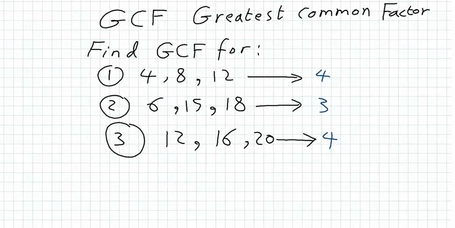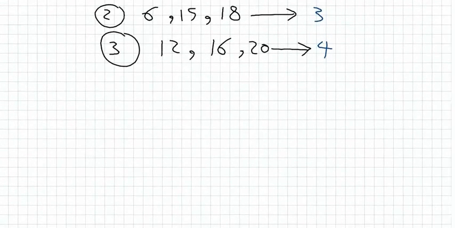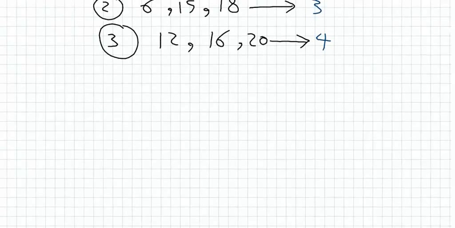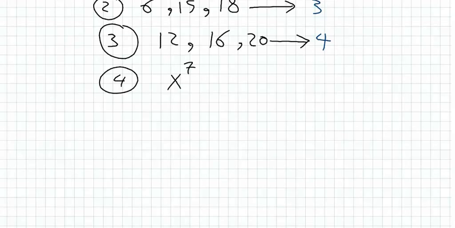Also, we can find the greatest common factor for variables. For example, if you are given x to the power 7, x to the power 5, and x to the power 9, what is the greatest common factor for these variables?